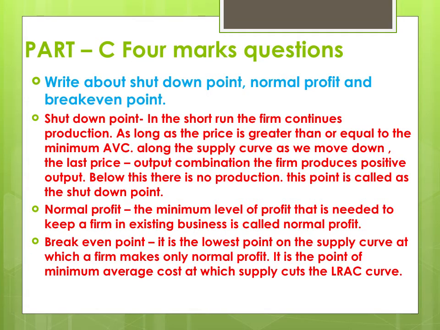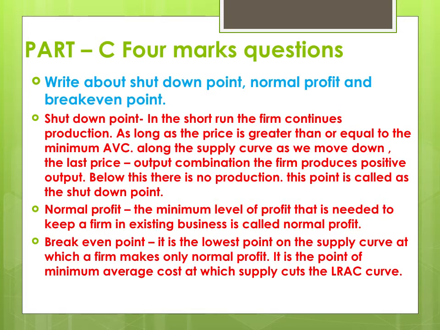Write about the shutdown point, normal profit, and break-even point. The shutdown point: in the short run, the firm continues production only as long as the price is greater than or equal to the minimum average variable cost.